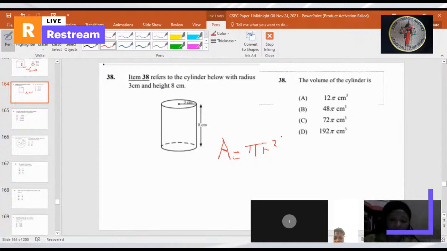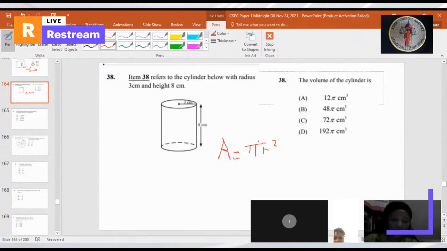And then we're going to multiply that by the height of the cylinder. Now, if we notice the answers still have pi in there, so they're not expecting us to work out pi. We're going to leave pi in there. So we just need to work out the radius squared. Sorry, I have the area, so I shouldn't put the height yet.